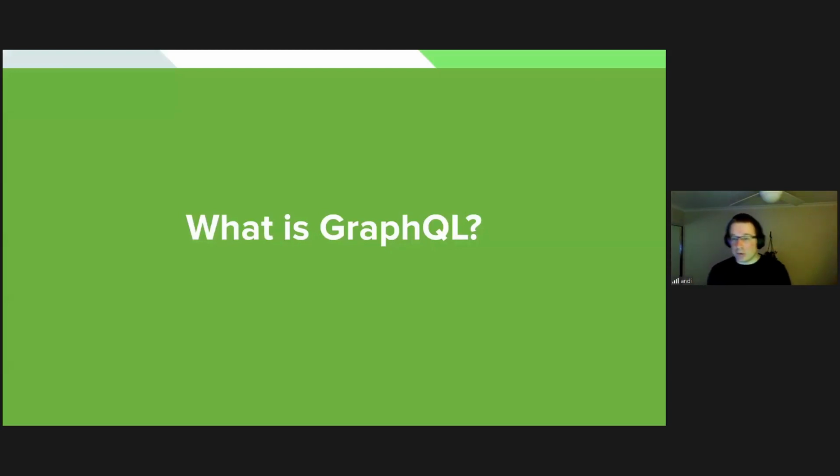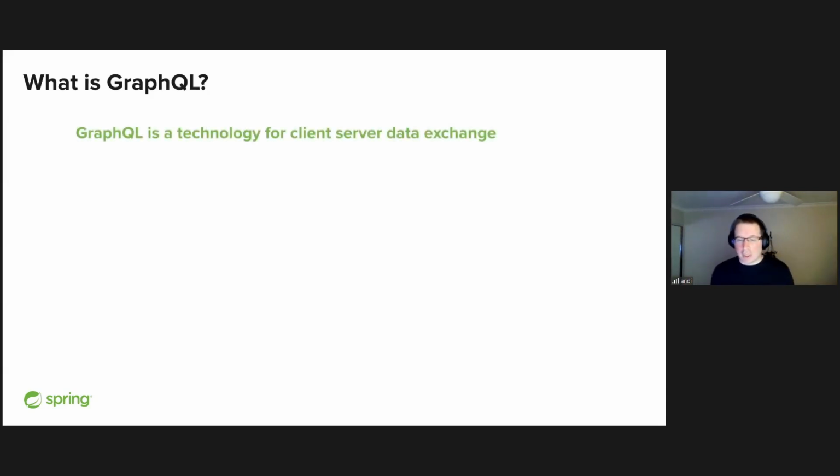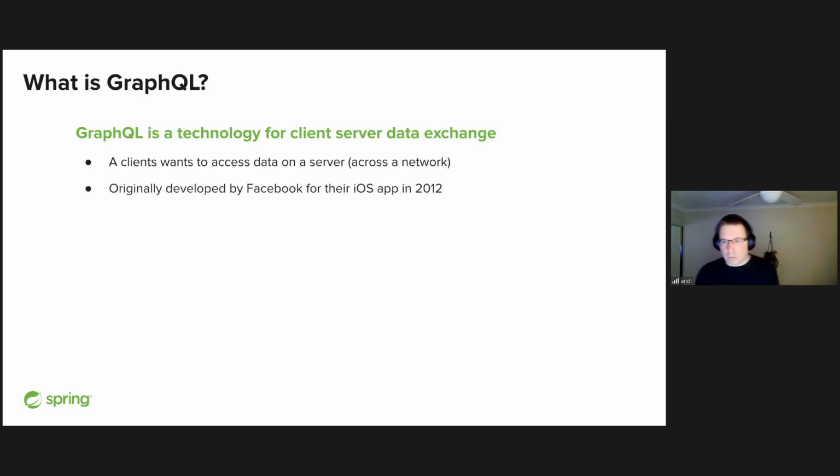Okay. Let's start with a kind of obvious question. What is actually GraphQL? In a general sense, GraphQL is a technology for client-server data exchange. This means a client wants access to data on a server, normally across a network. Originally, it was developed by Facebook for their Facebook iOS app back in 2012.